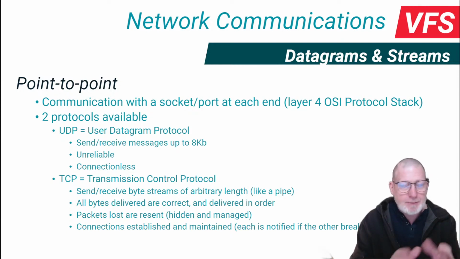On the other hand, the TCP protocol allows us to send information of any size. It breaks it into 8 kilobyte chunks for us and shotguns it through the network. And when it breaks it into those 8 kilobyte chunks, it also numbers them.